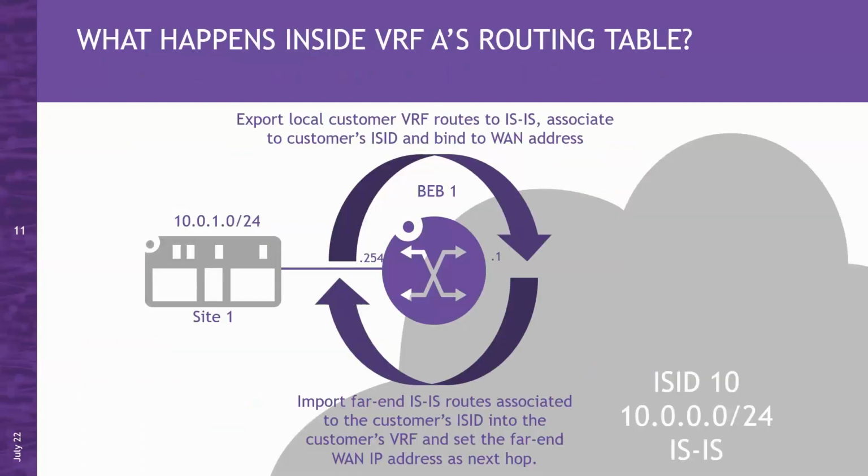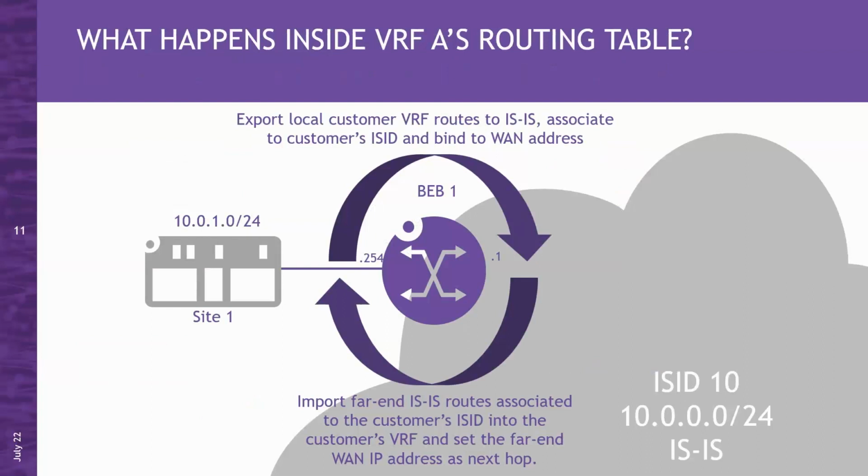This is illustrated here from the perspective of BEB1. We should note that route maps can be used for fine-grained route filtering. At each BEB, near-end customer routes are exported from the VRF and into the SPB ISIS routing instance and are bound to the node's one IP interface.